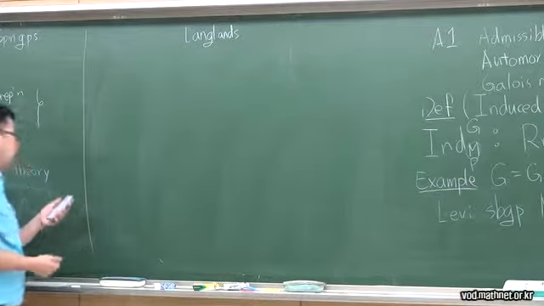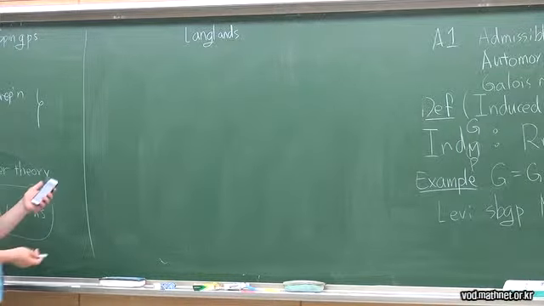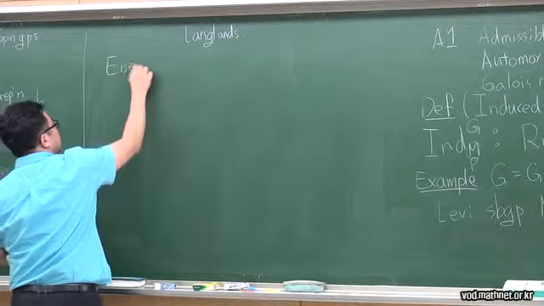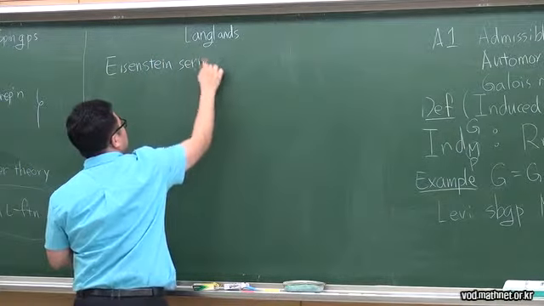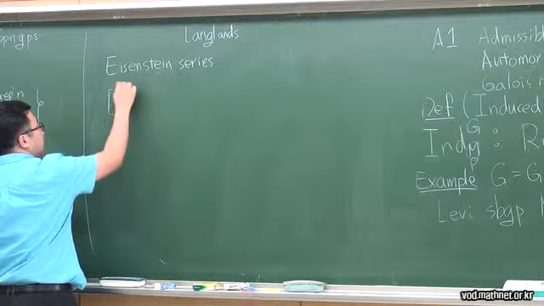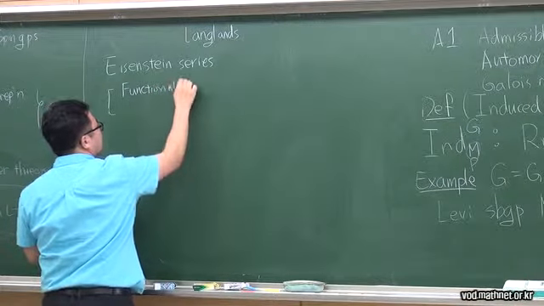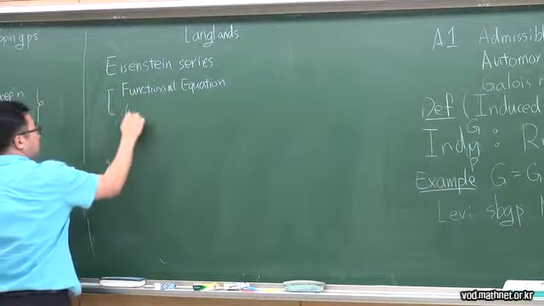What Langlands did at the time, when he was around 30 years old, in 1966, was to generalize and study the so-called Eisenstein series for any connected reductive groups, and he studied the properties of the Eisenstein series. For example, the functional equation, and another thing, analytic continuation.